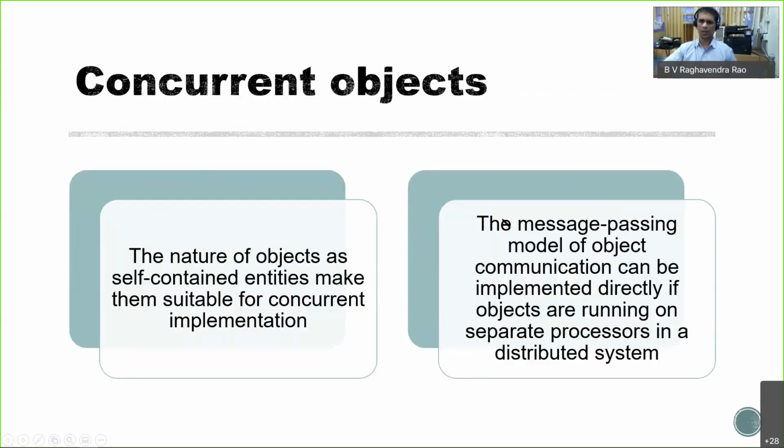Another feature in object-oriented programming is that we can view these objects as concurrent objects. Each object is acting on its own. The idea is that objects are self-contained entities, which makes them suitable for concurrent implementation.